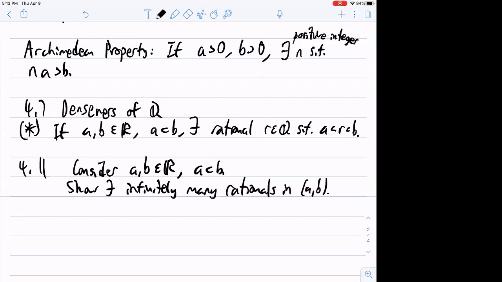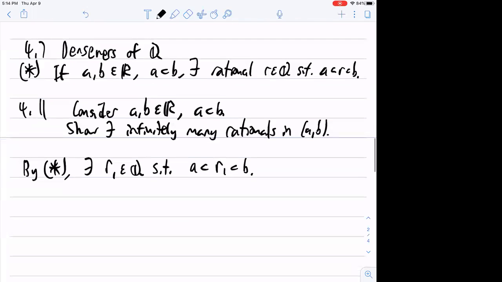How are we going to use denseness of Q? With denseness of Q, we could certainly get one rational between A and B. So by star, there exists R1 in Q such that A is less than R1 is less than B. That's just the statement of denseness of Q. But now, since R1 is bigger than A, we can consider this smaller interval.